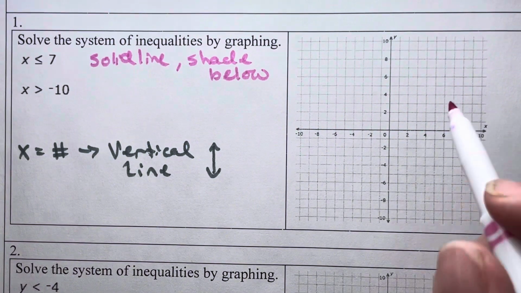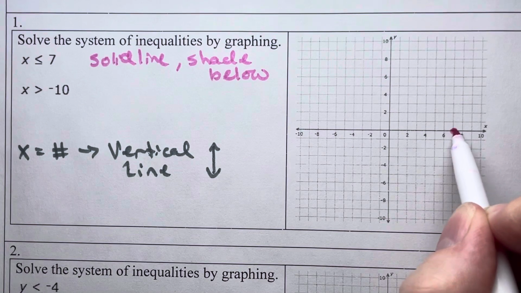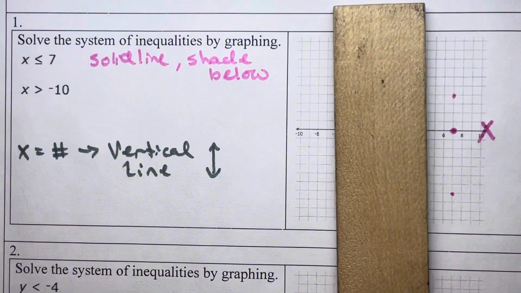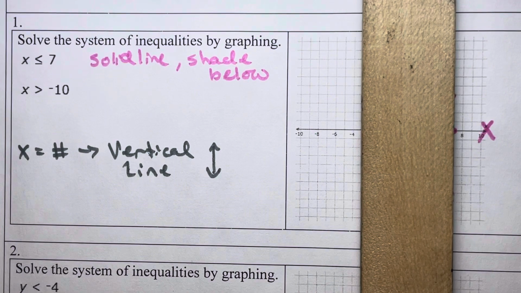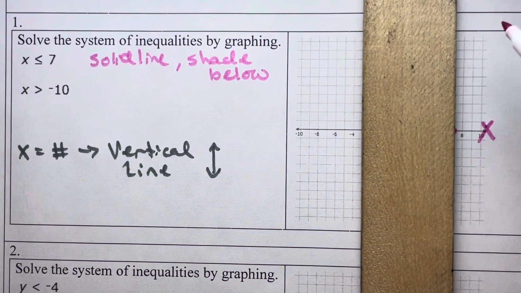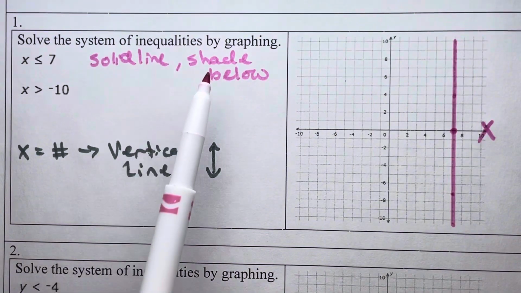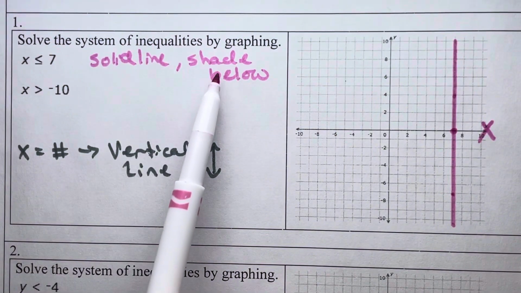We've got +7 on the x-axis, and this is a vertical line straight up and down, and it is going to be solid. So let's get out your straight edge and do that. And since we know that we are shading below, that will be to the negative side.